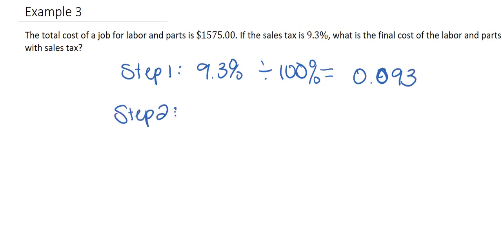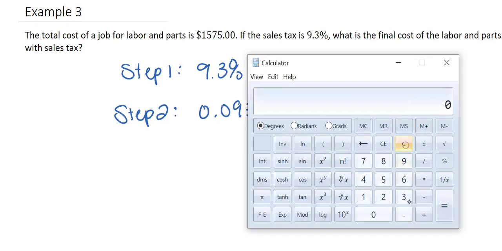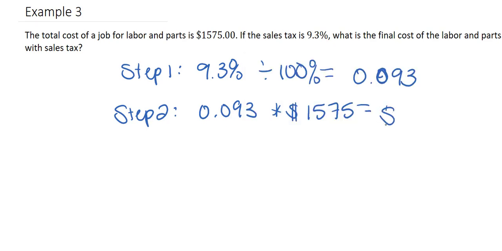Step 2, we take that decimal, multiply it by the starting amount, and we get $146.48.